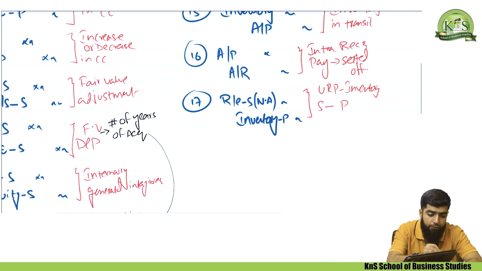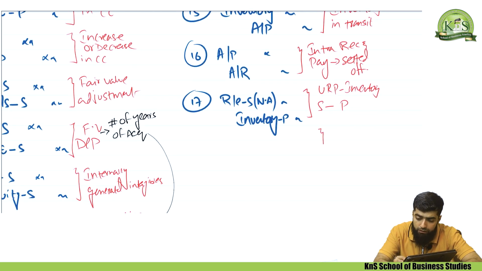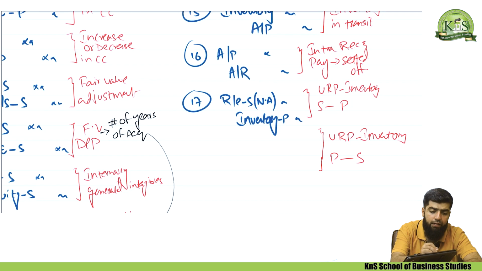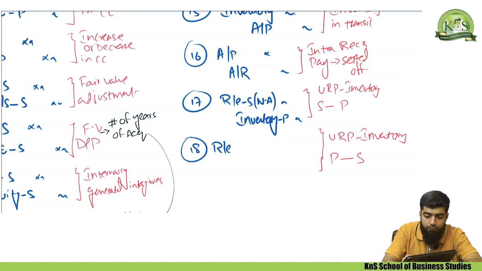What if the goods are sold by the parent company to a subsidiary company? Now what accounting entry will be made? The profit will be removed from the accounts of P company.